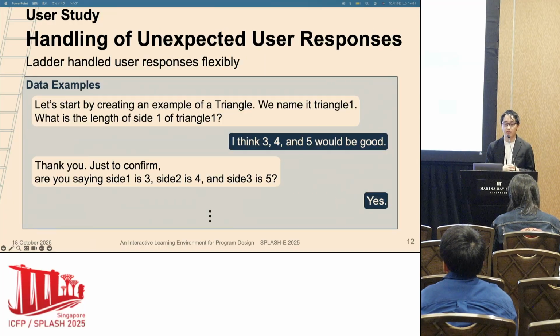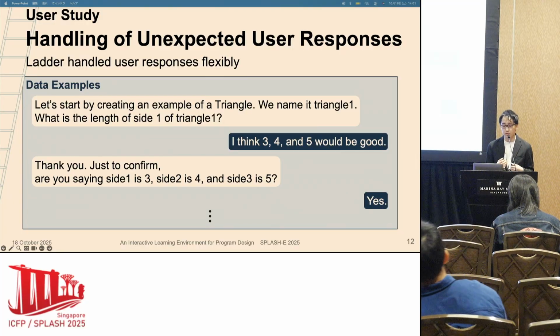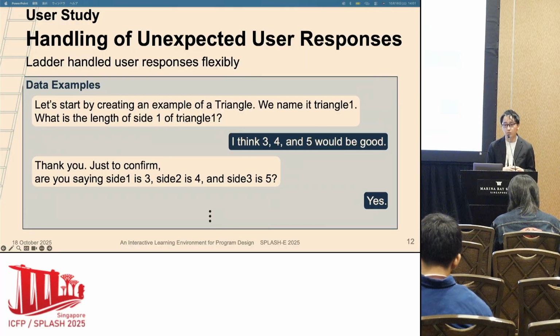Next, let's look at the second observation. We found that Ladder could respond flexibly to students' input. Here is an example from the data example step. When a student gave all 3 side lengths of a triangle at once, Ladder confirmed the intention by asking, so side 1 is 3, side 2 is 4, and side 3 is 5.